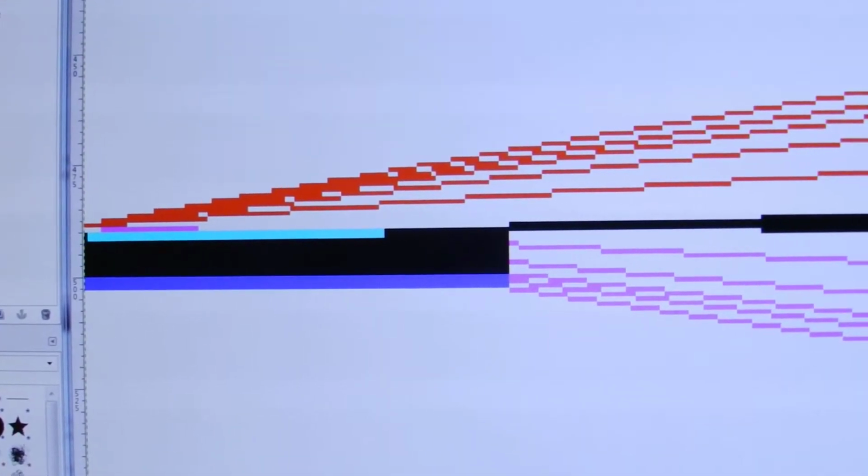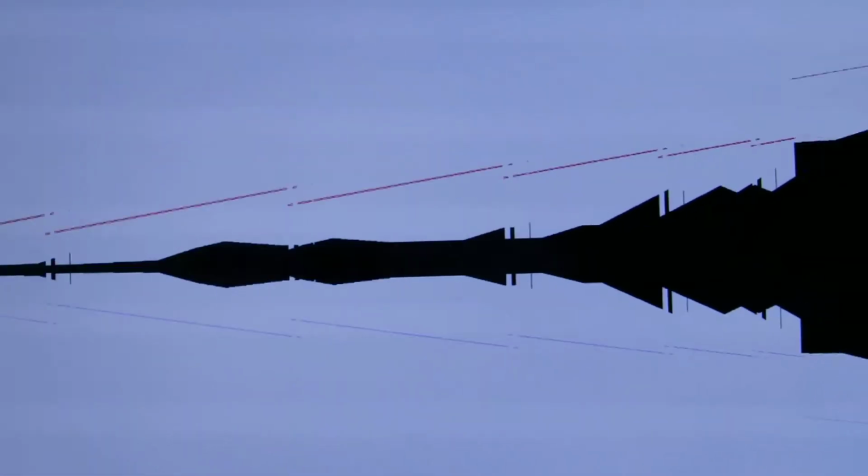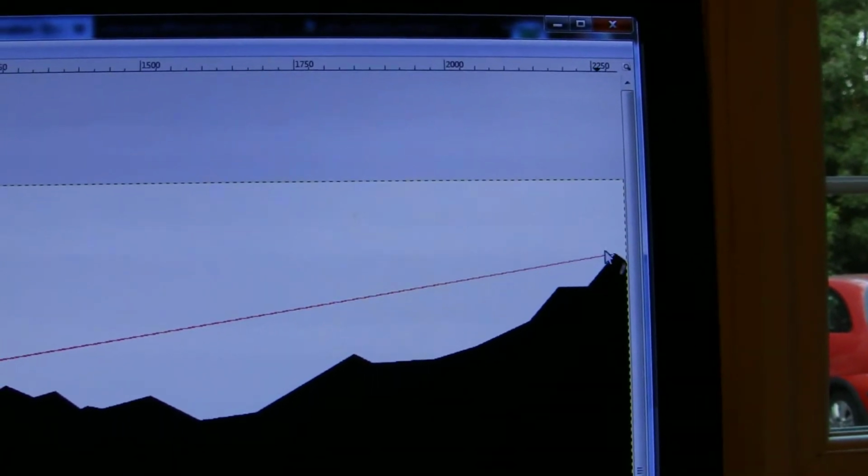On the next layer I have a duplicate of the curved with just the lines of sight to the furthest point. Let me just zoom out. Just Mount Cook itself, up there and reflected down there.